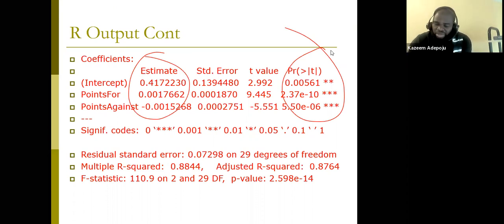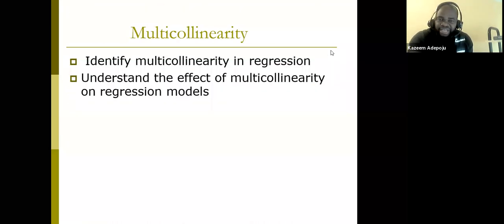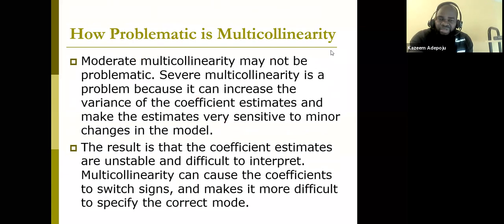That is the reason why I said here, let me read that: the result is that the coefficient estimates are unstable and difficult to interpret. Multicollinearity can cause the coefficient to switch signs, and make it more difficult to specify the correct model. So if multicollinearity exists, your model may not be correct.